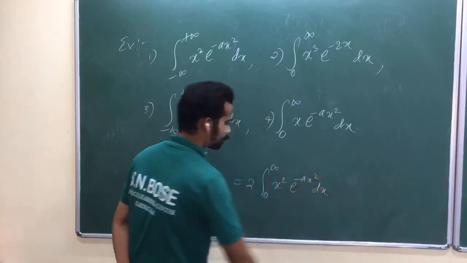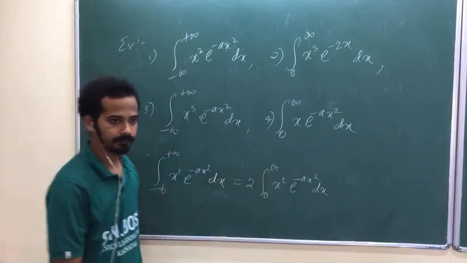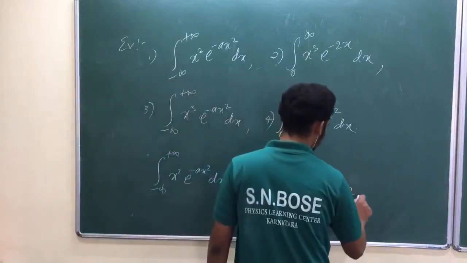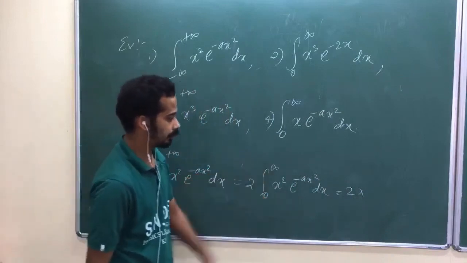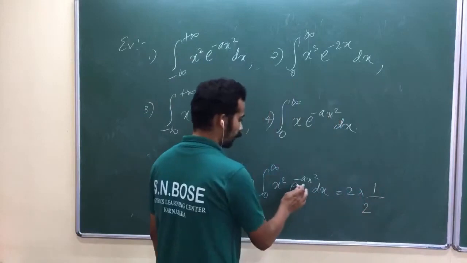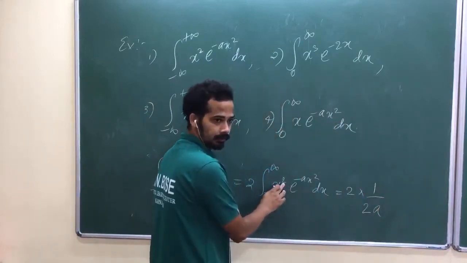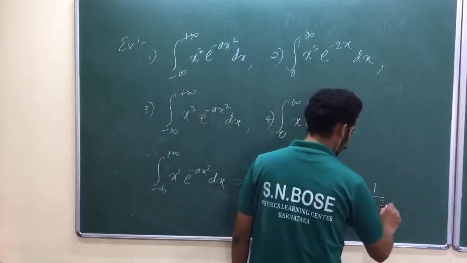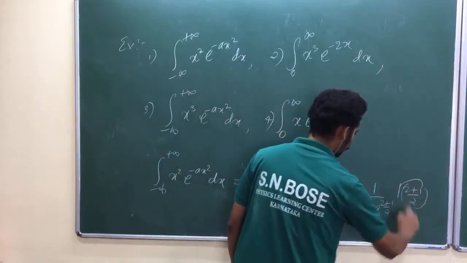Check it out. I gave the formula for 0 to infinity, and apply that one. 2 into, what is this one? 0 to infinity x power n into e power minus ax square. I have given it like this: 1 by 2 into a power n plus 1 by 2, gamma of n plus 1 by 2, with n equal to 2.